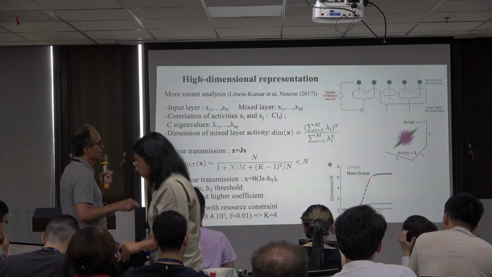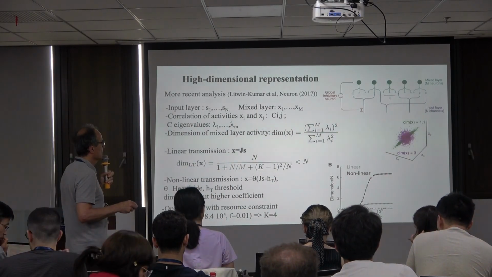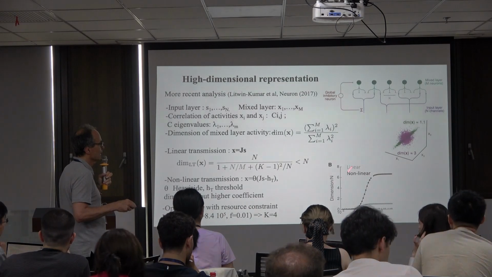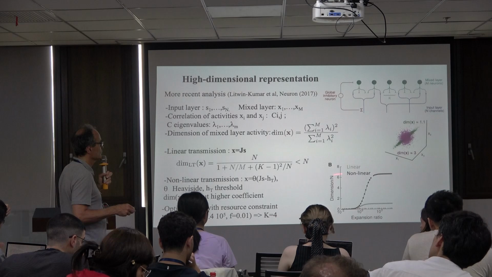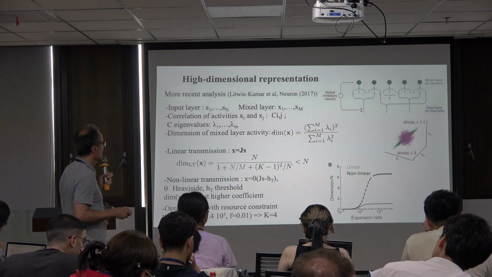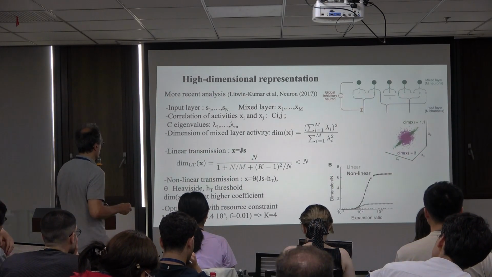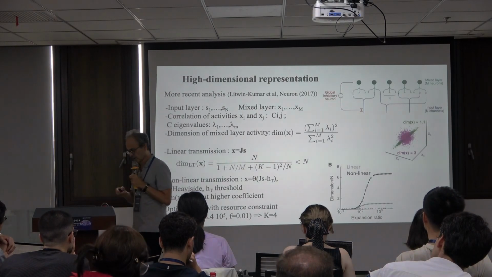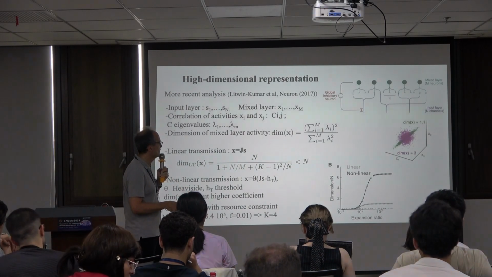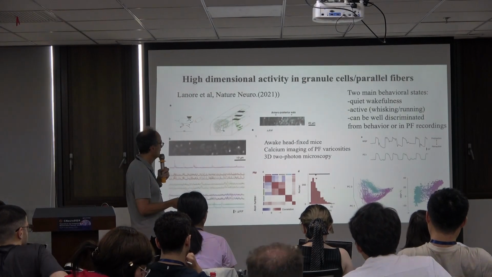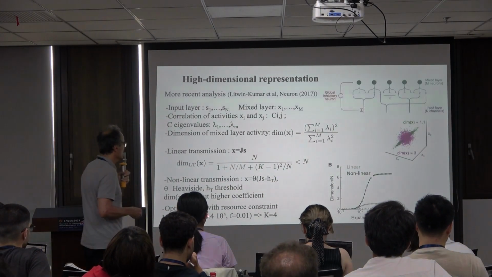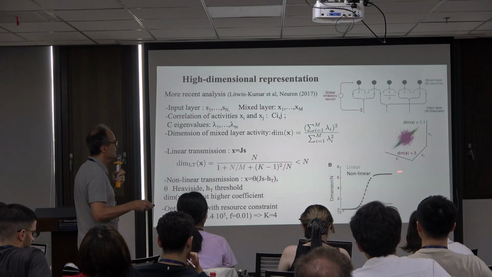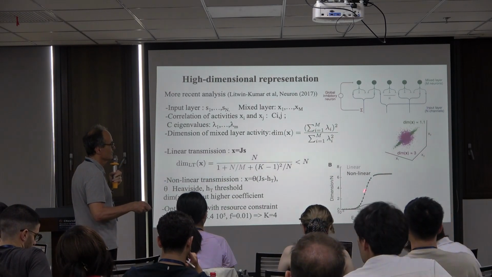So you gain some dimensionality, but it's still proportional to the dimensions of the input. And then if you optimize, I forgot to put a nice graph here. So that is, okay, so you see that here it saturates.